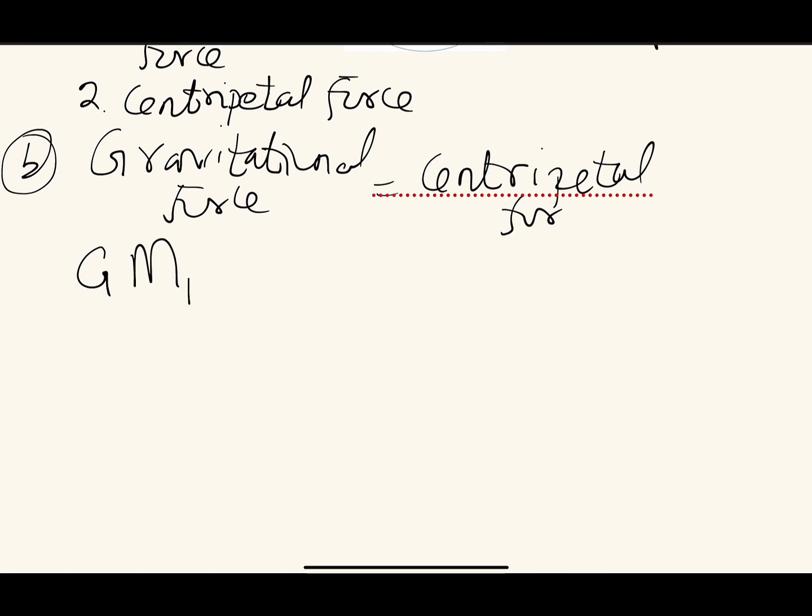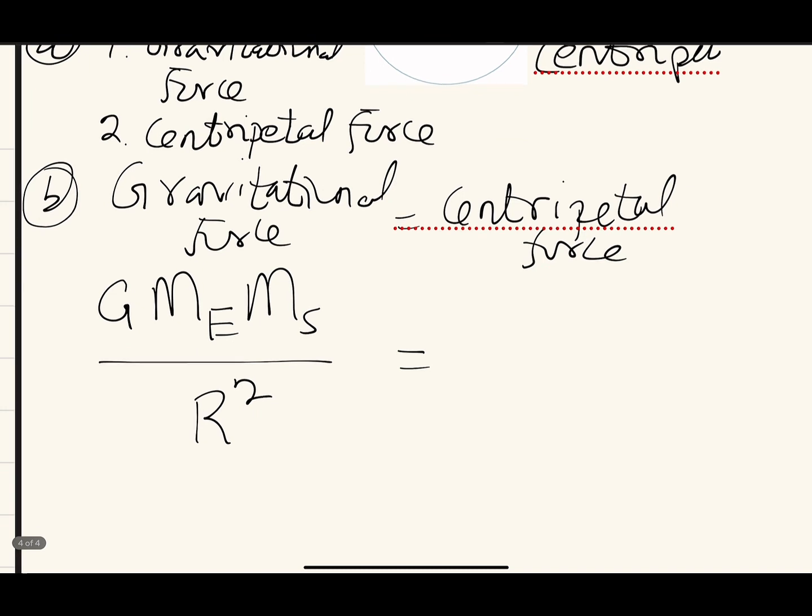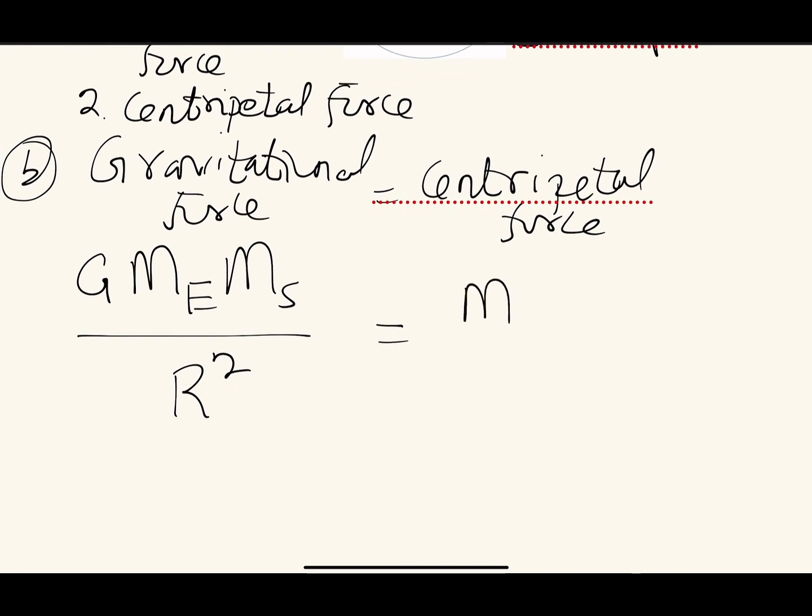So we have G M_E M_S all over R squared. Then now, what is the centripetal force of the satellite? That would be the mass of the satellite times the square of the velocity of the satellite all over the radius of orbit of the satellite.